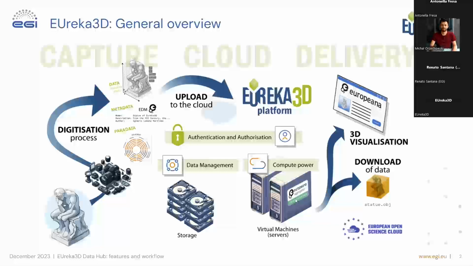As you can see here, I put that EUreka3D will be part of this European aggregator. So we go from the cloud to the delivery phase. And the delivery, as you can see, we divide into three components, but there could be more in future. One of them is the 3D visualization, and this is conducted in EUreka3D through Europeana.